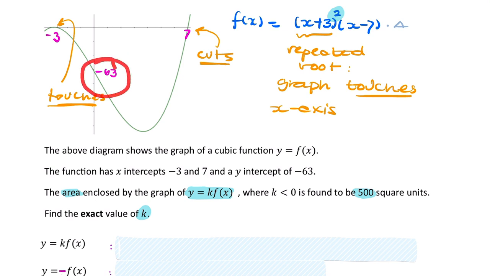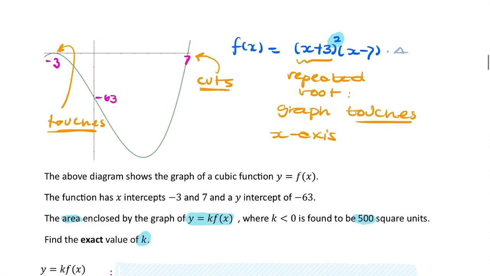So the y-intercept, that's when x equals 0. So we try putting in 0 here, here, and here. So f of 0 is equal to 3 squared times -7, and that's -63.